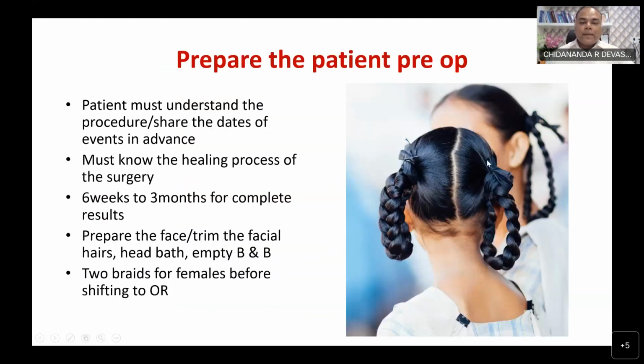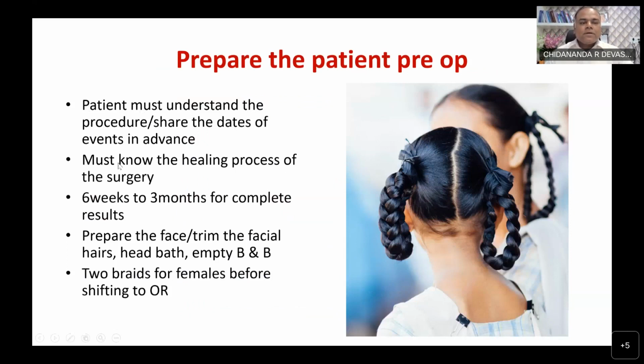So you have to prepare the patient preoperatively. What are the things you must tell the patient and patient attenders? You must tell the patient, and the patient must understand the procedure. You must share the dates of the events in advance, like when you are going to operate, how many days you have to stay in the hospital, how many days after surgery you have to come for suture removal, all those things.